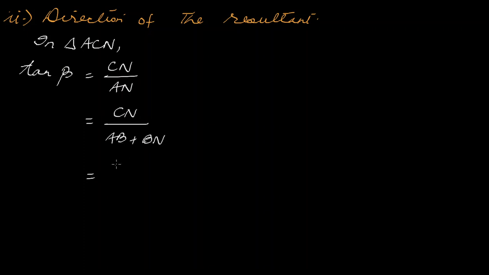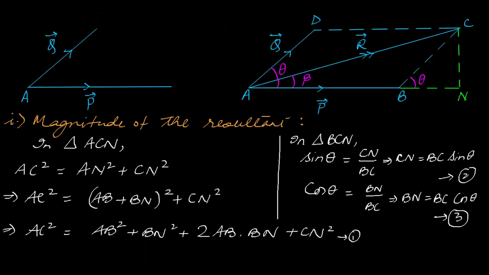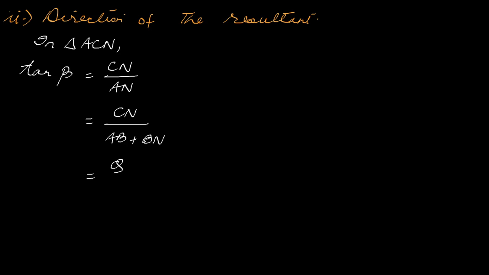And CN here is Q sine theta or BC sine theta? Let us have a look. Yeah, CN is BC sine theta. So CN here is BC sine theta, by AB plus, what is BN? BN here will be BC cos theta.